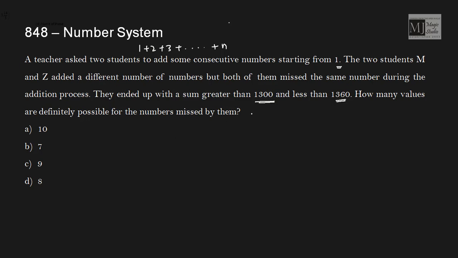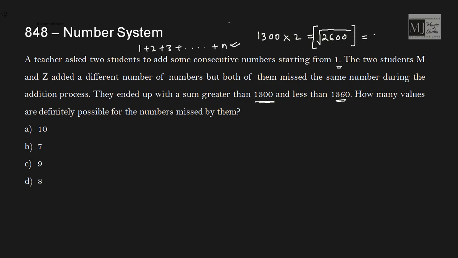First, let us find how long this string would be so that we reach a total which lies between 1300 to 1360. For this we use the triangular number concept and it's very simple. Just pick up one number 1300, double it, 2600, find the root of this and the highest integral value.